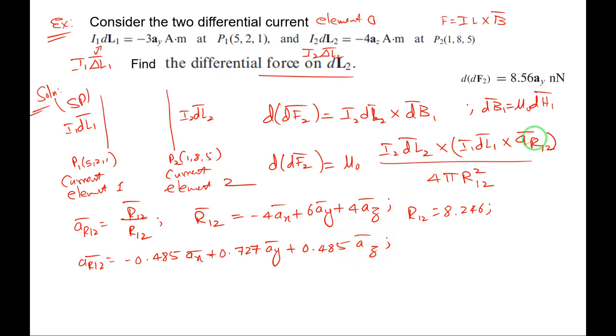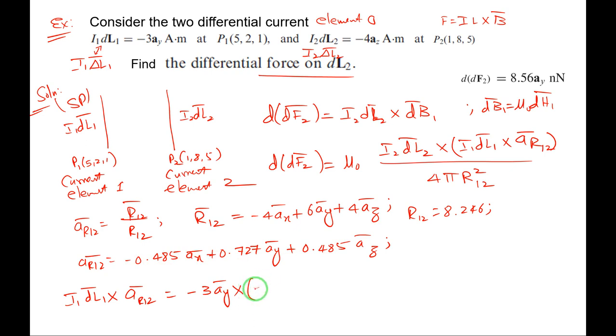Okay, now I have this aR12 vector and I1 dl1. Next I'll take the cross product I1 dl1 cross aR12. Observe that I1 dl1 has only a Y component, it doesn't have X and Z components, so we can directly cross multiply, no need of a determinant. I1 dl1 is minus 3 ay, then cross product with aR12, which we have found here.